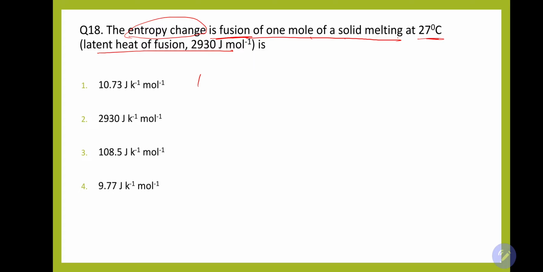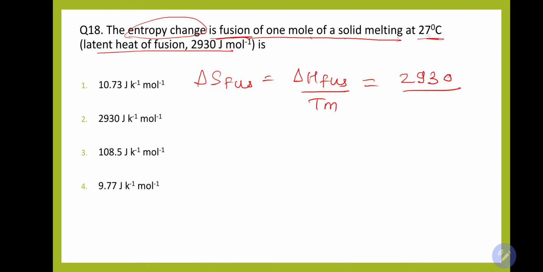Okay, now entropy of fusion is given by delta H of fusion upon Tm, the temperature of melting point. Here delta H value is given as 2930. What is the temperature given? 227 degrees Celsius, which is converted into Kelvin.